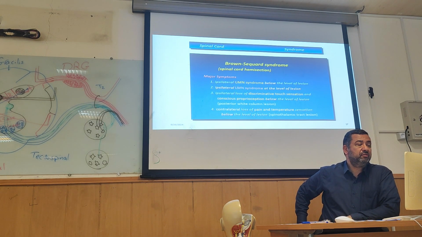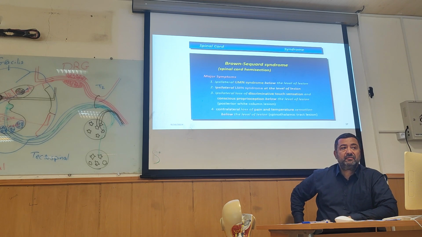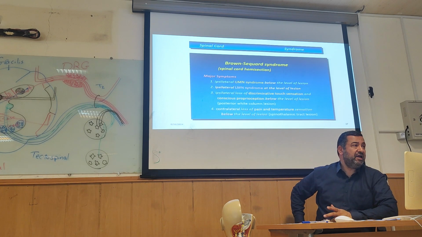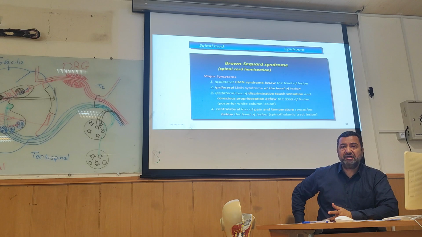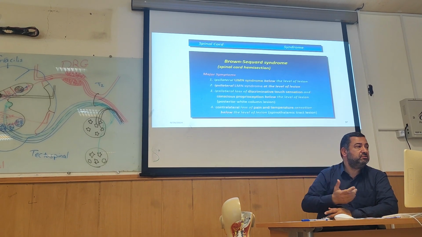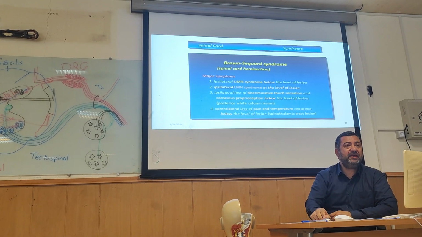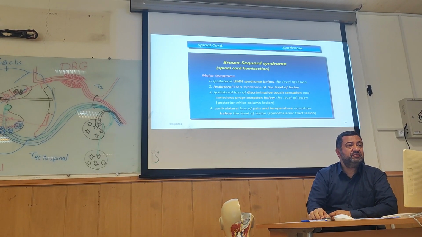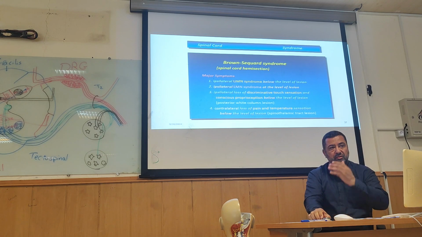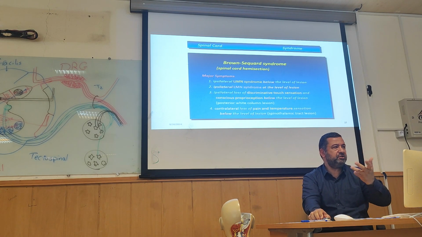At first, tell me, which vertebra? T10. Because from L1, lumbar enlargement begins. This damage is from T10 to the inferior part: T10, T11, maybe T12.